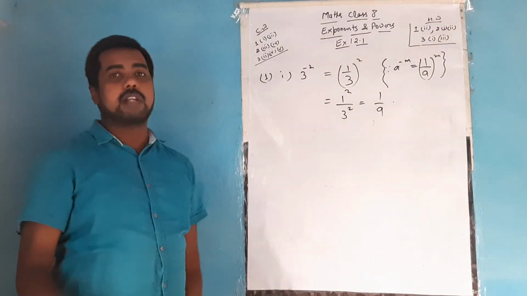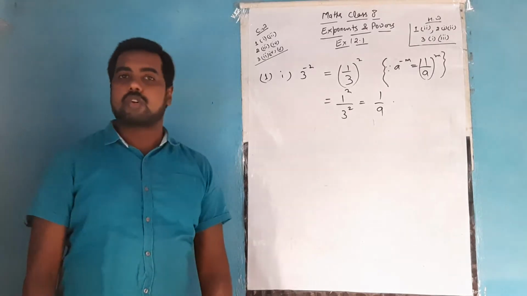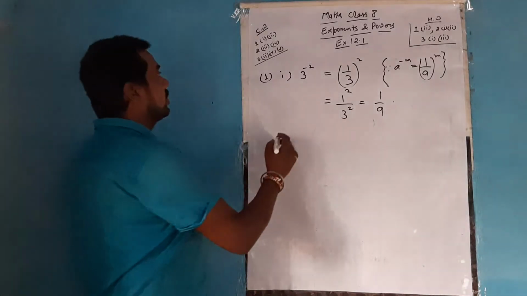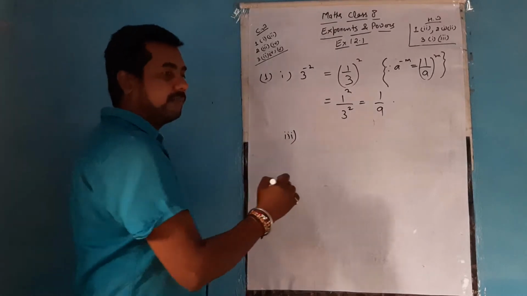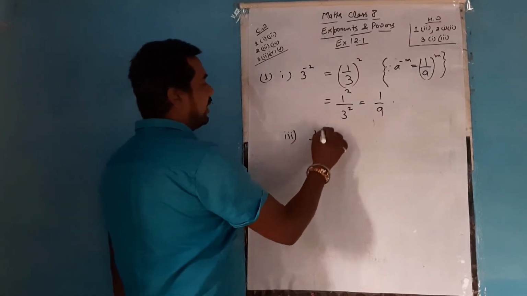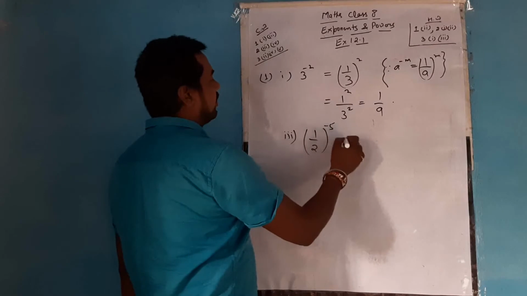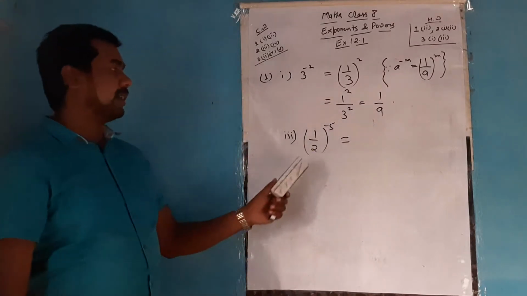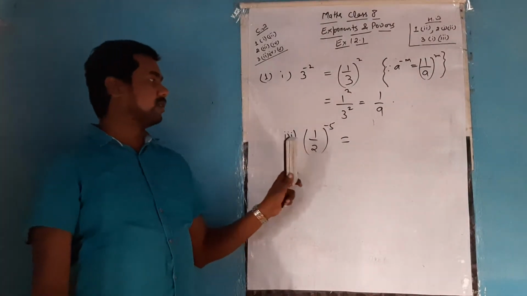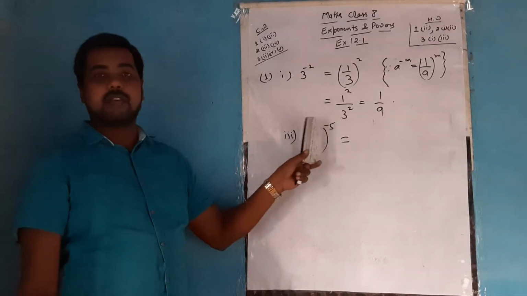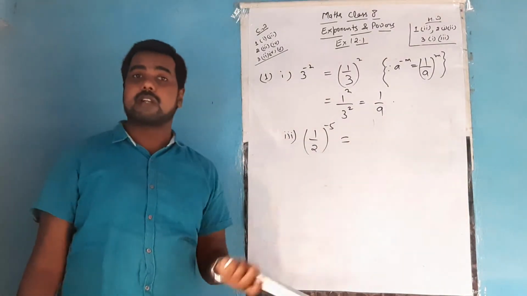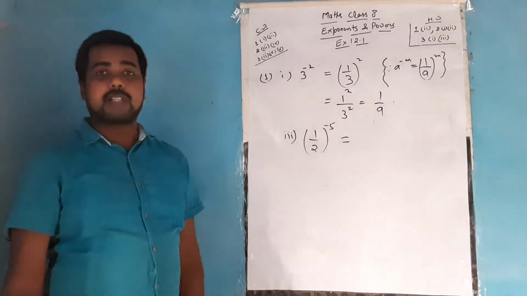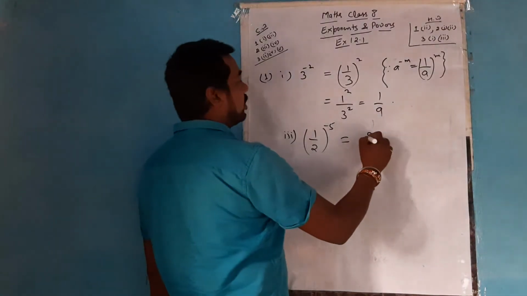So if you remember the law, it will be easy for you to solve the exercise. So this is the first part, and now the third part is there, 1 by 2 to the power minus 5. Here also the power is negative and the number is given in the denominator. As I told you, when the number is in the denominator and you make the reciprocal of it, that will go to the numerator.